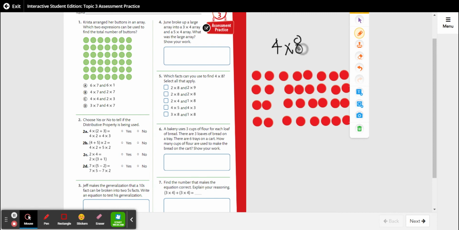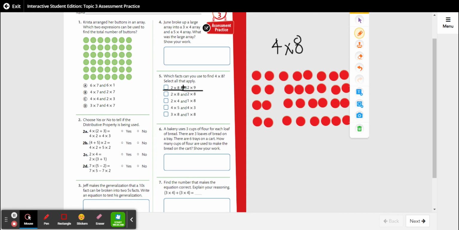Now, the question is, when I look at these pairs of expressions together, are they equivalent to 4 times 8? So looking at the first one here, 2 times 8 and, or again, think of that as a plus sign, plus 2 times 9, is that equivalent to 4 times 8? Absolutely not. Okay, how can I tell?